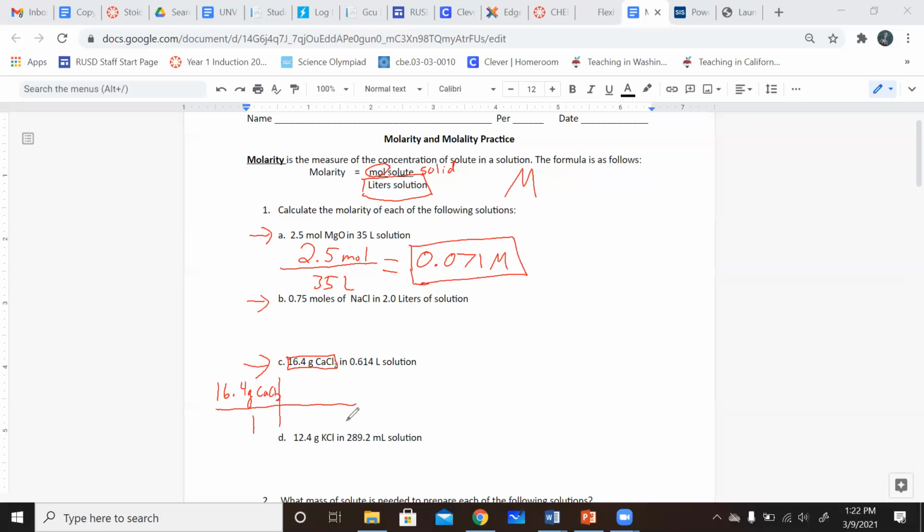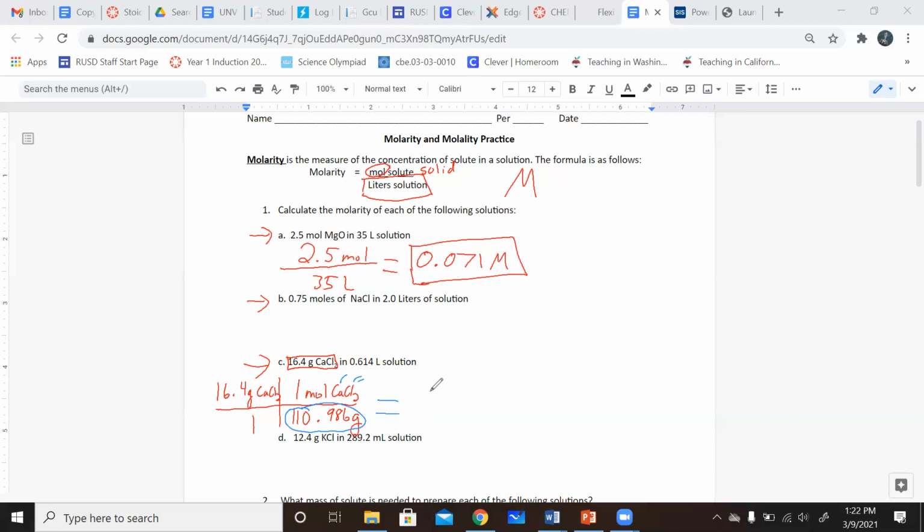Then to convert from grams to moles, we divide by our molar mass. So for every 1 mole of CaCl2, that's going to be 110.986 grams. And then again, if you're unsure of where I got this number, I got that from the periodic table, from adding the mass of calcium plus 2 masses of chlorine together.